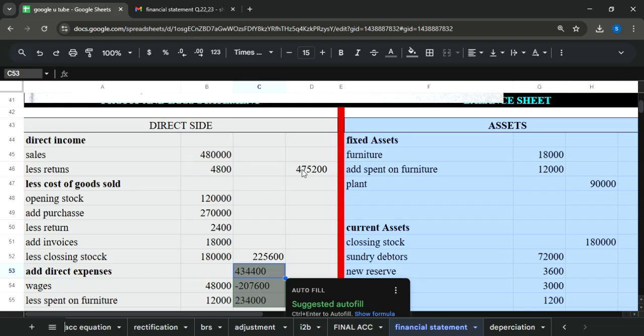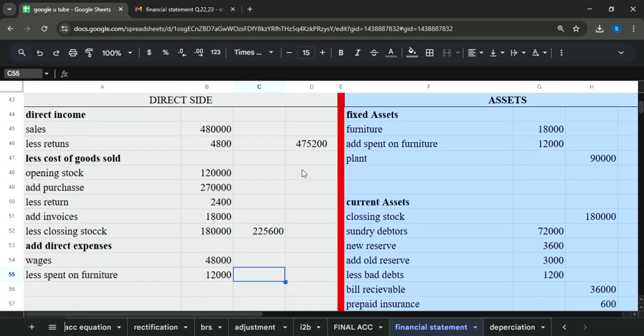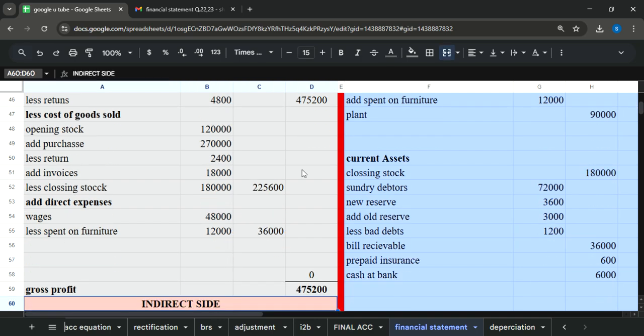We have got our first amount of cost of goods sold, and then we have wages less spent on furniture. It means we are now ready to calculate the total amount of cost of goods sold.